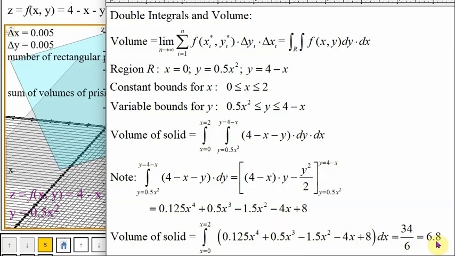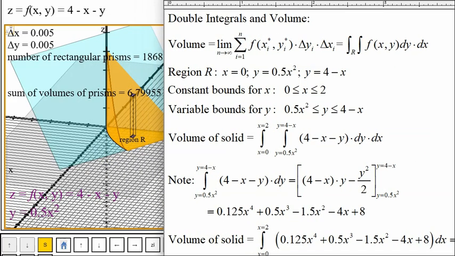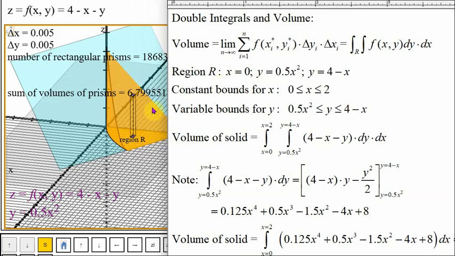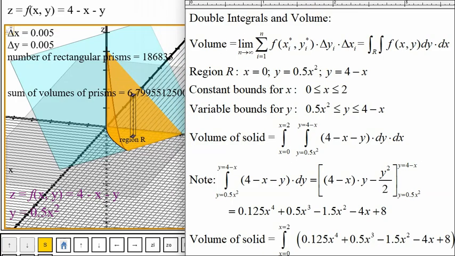And recall that we saw earlier, as I increased the number of rectangles inside of region R, the sum of the volumes of the prism was approaching 6.8. And so, in summary, the exact answer for the volume of the solid here is 6.8. And that's the end of the video.